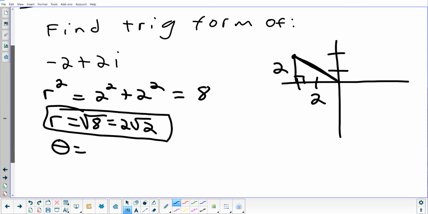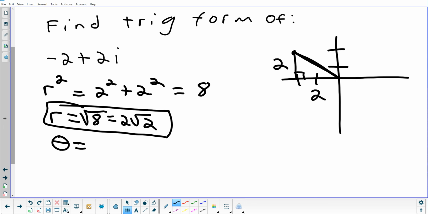Now, the next thing I need is my angle. The angle, if you're not on an axis, depends on the quadrant. We are not on an axis. Zach, what quadrant am I in? The second one. Yep, we're in the second quadrant.